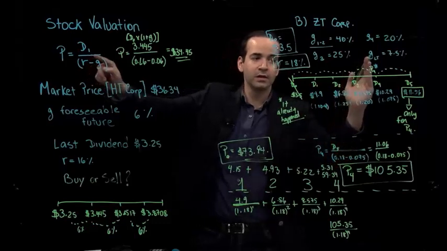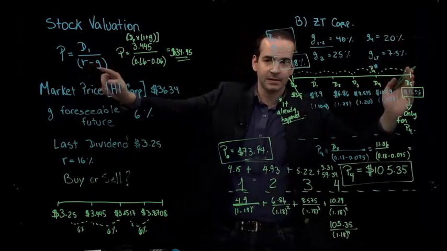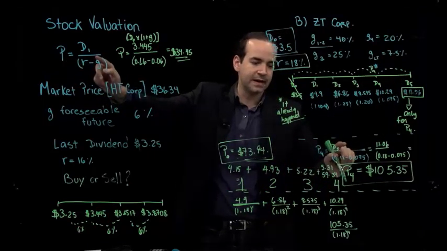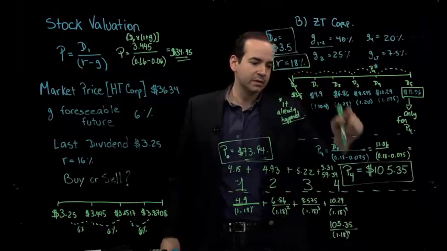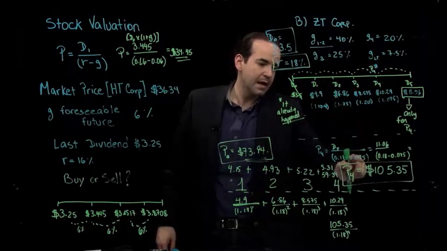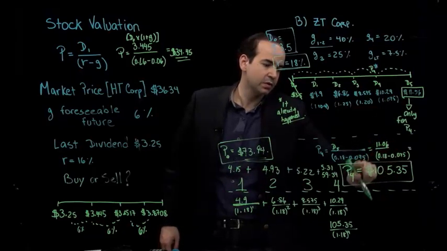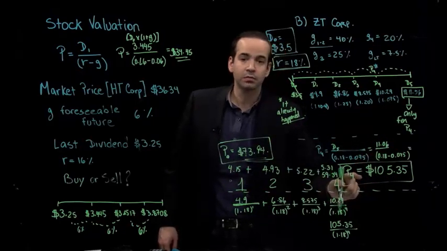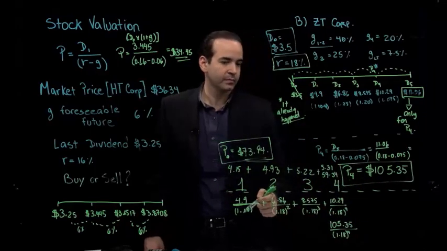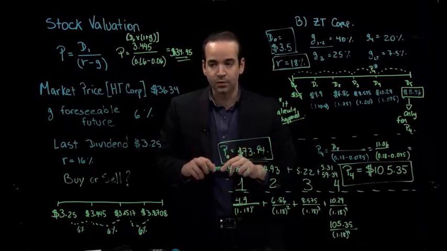Because you are already in the fourth year. So that's why if you have P4, then this is D5. You divide it by the discount rate minus the long-term growth rate, and you will get the price of a stock at year number 4, which is what you're going to add here. Once you do these numbers, you will get the price of 73.94.